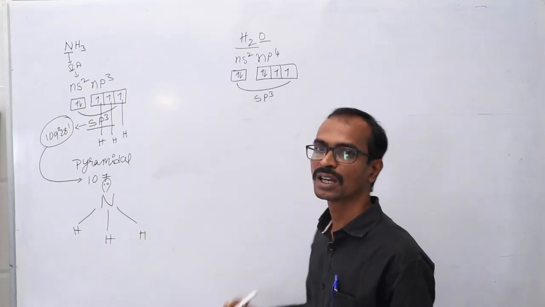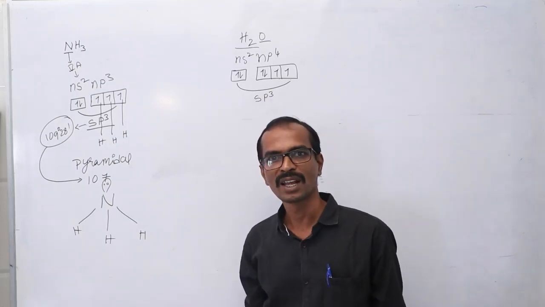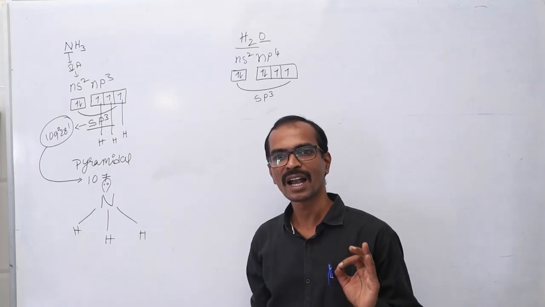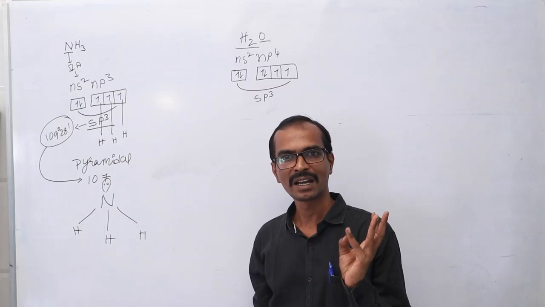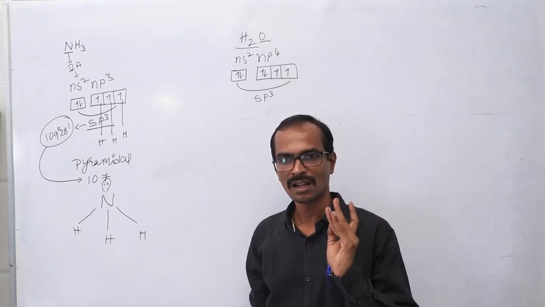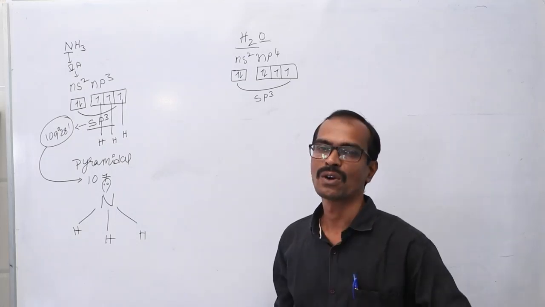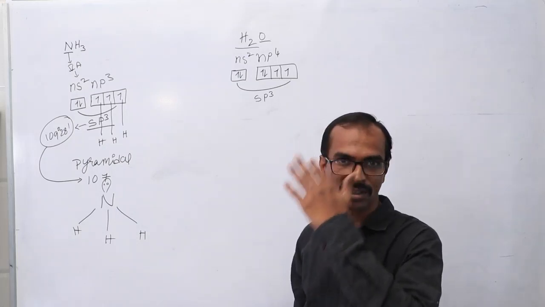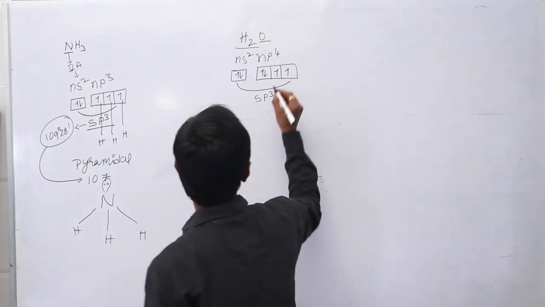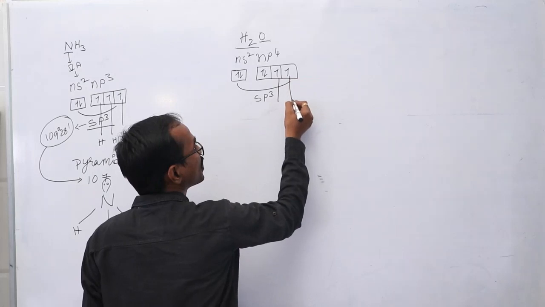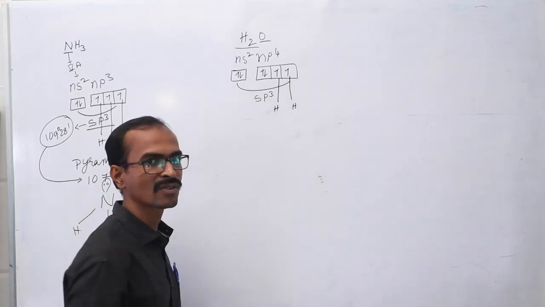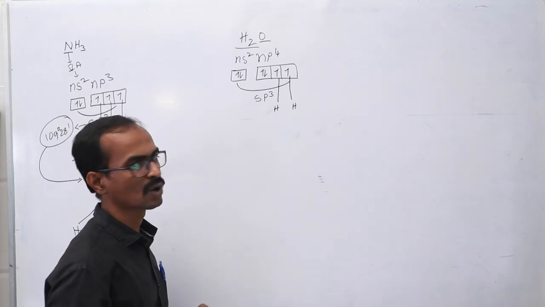That's what I told in the rules for the hybridization. Hybridization involves the atomic orbitals either completely filled or half filled, or what we can say, vacant orbitals. All the 3 kinds of orbitals can be involved in this process, right? Now here what happens, the 2 sp3 hybrid orbitals with unpaired electrons overlap with the s orbital of hydrogen to form the water molecule.